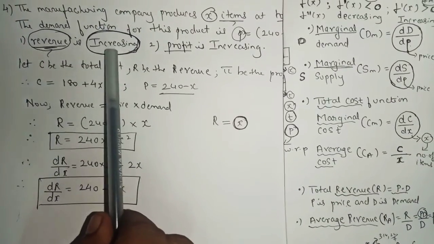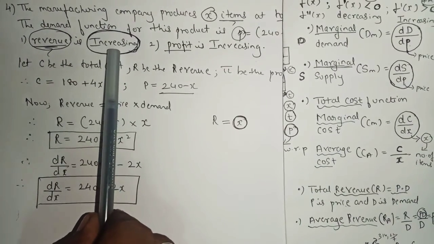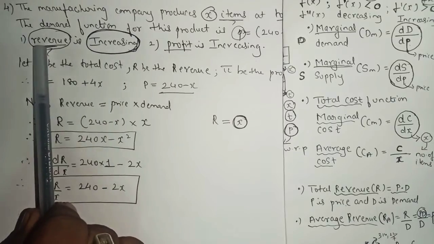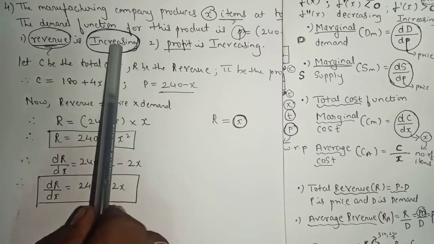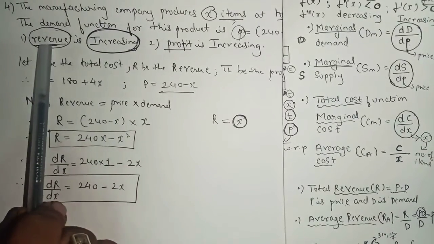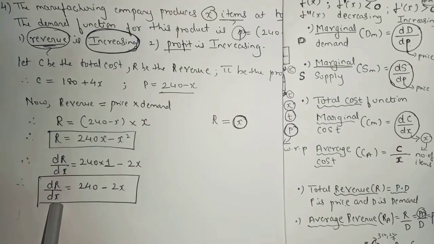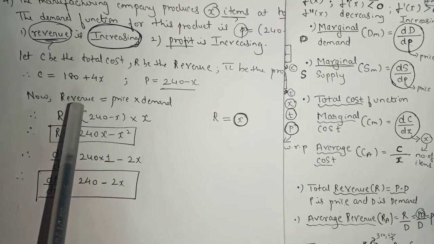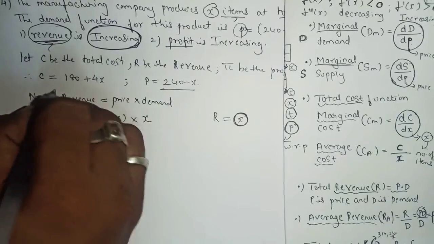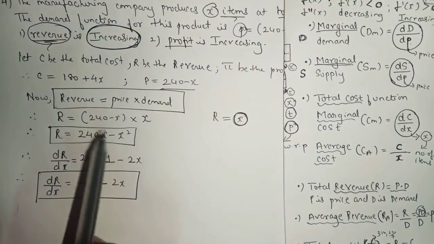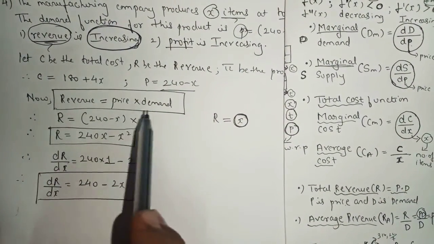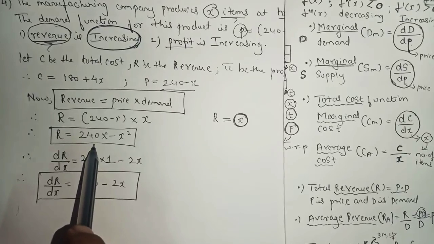So revenue is increasing. Whenever it says increasing, you have to find the derivative of that term. So revenue is increasing means what? First you'll find the derivative of revenue. So here we got the derivative of revenue. Before that we have the formula for revenue, so first you will find the answer with respect to the formula. So here we got the exact revenue answer.